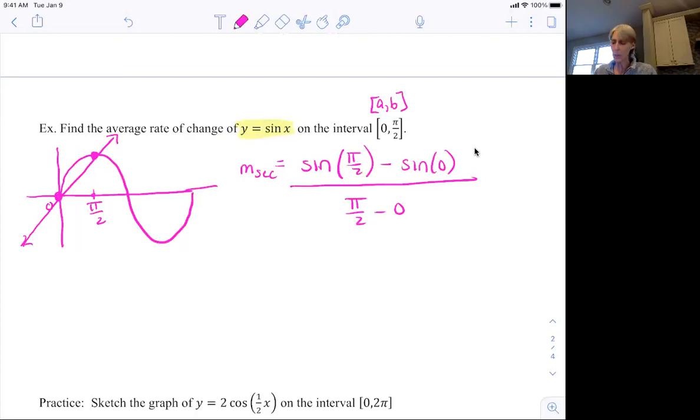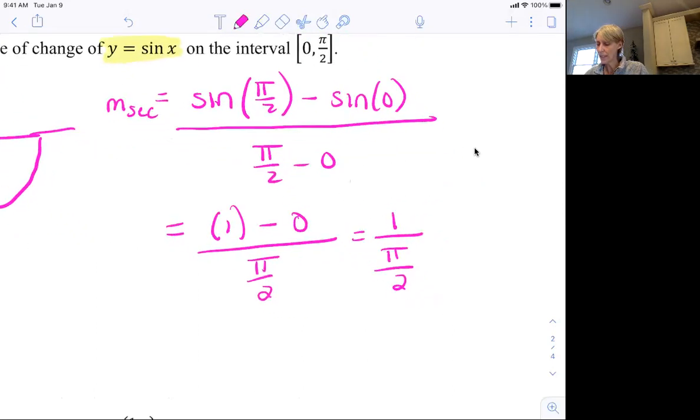And now I'm just going to evaluate this. The sine of pi over 2, looking in front of me, is 1. The sine of 0 is 0 over pi over 2. So I have 1 over pi over 2.